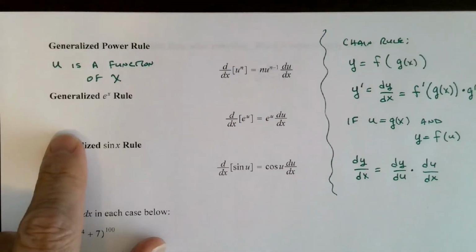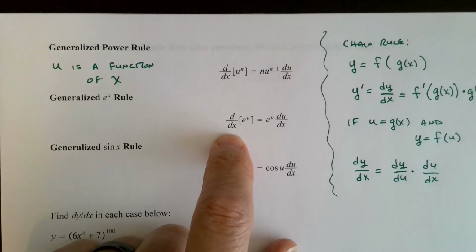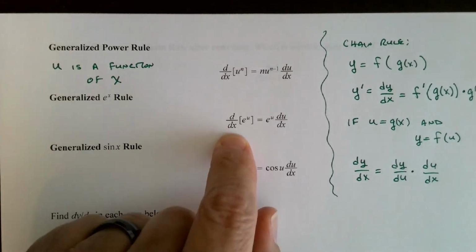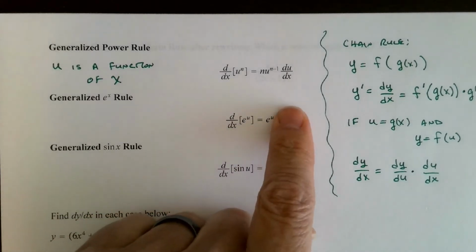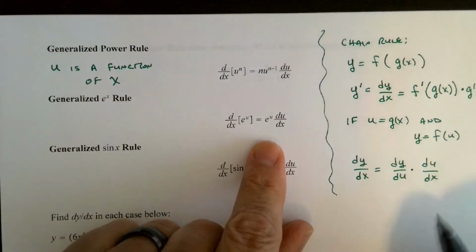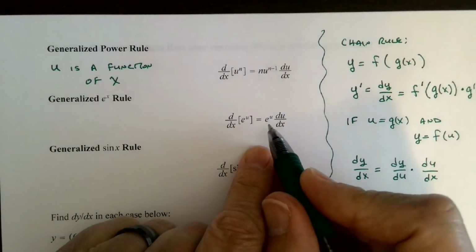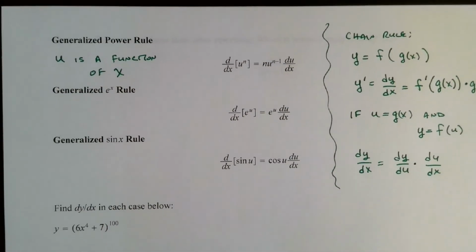Similarly, we have a generalized e to the x rule. We know the derivative with respect to x of e to the x is just e to the x, but the derivative with respect to x of e to the u is e to the u, that's the derivative of the outer function, evaluated at the inner, times the derivative of the inner function. So the dy/du part is e to the u, the du/dx part is the derivative of the inner function.